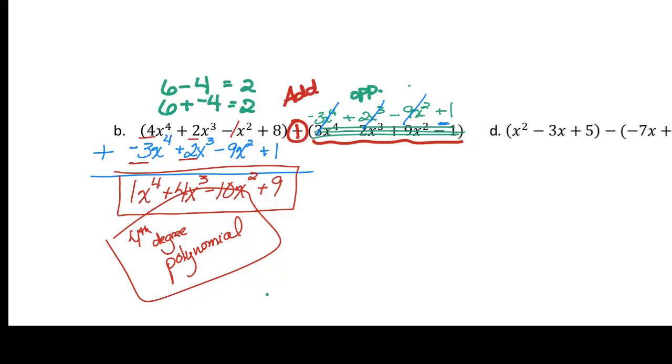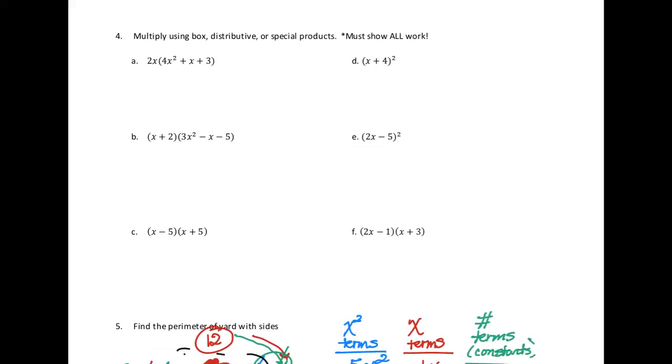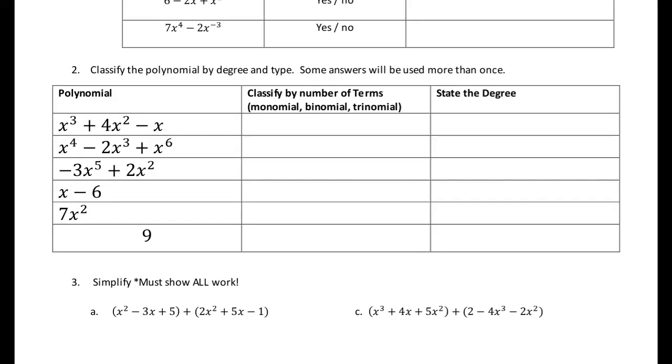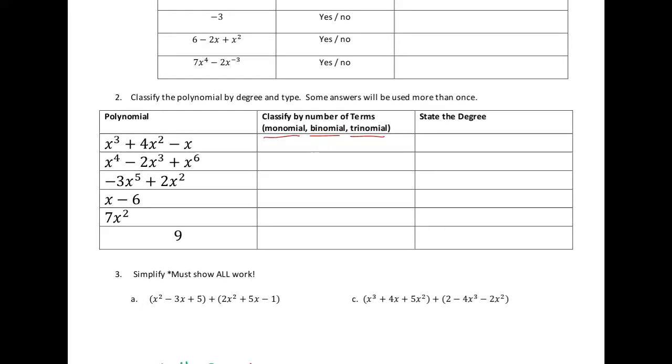Number 2. Classify. Oh, we can do this. So our choices are monomial, binomial, or trinomial. And then we have to state the degree.